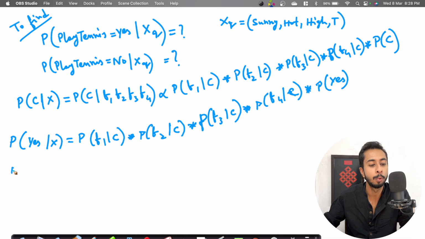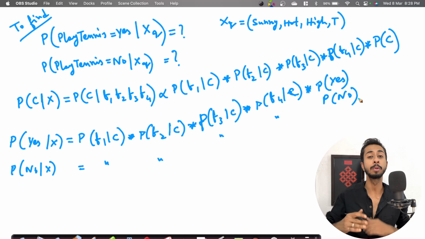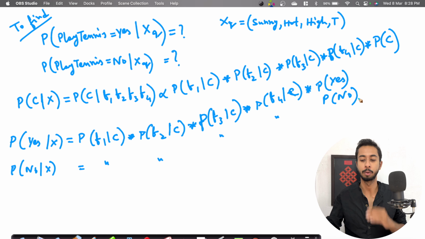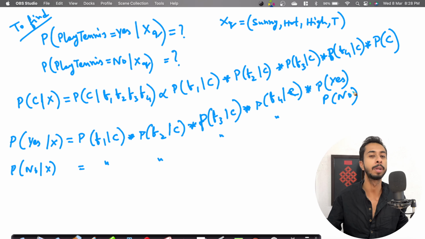Okay, same goes for the probability of no given X. Everything will be the same, just here it will be the probability of no. This is the real scenario. This is what you need to do finally, though the notations may be confusing.